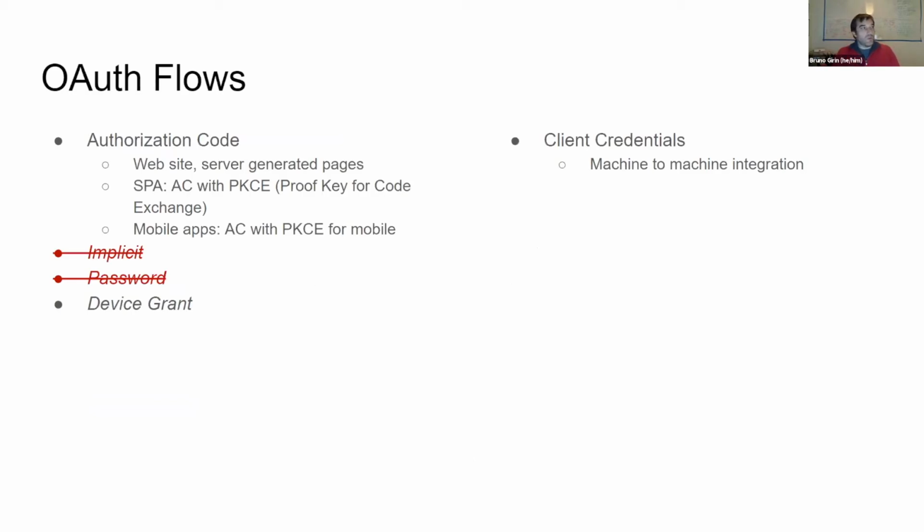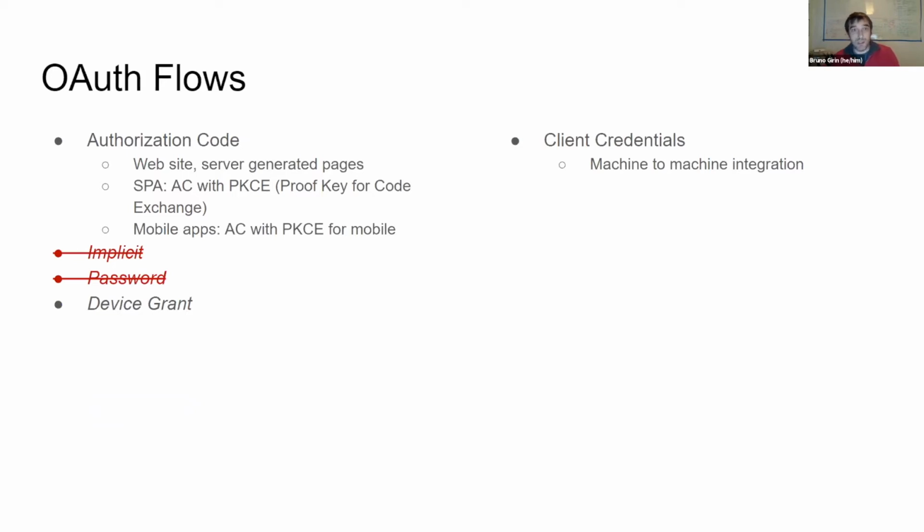OAuth is an industry standard that allows you to implement this particular interaction between clients, protected resource, and authorization server. However, when you look at the OAuth spec, you will see that you've got 5 different flows, and basically a flow is a way of interaction, so it looks quite complex.